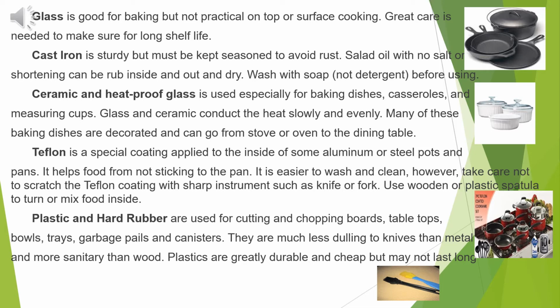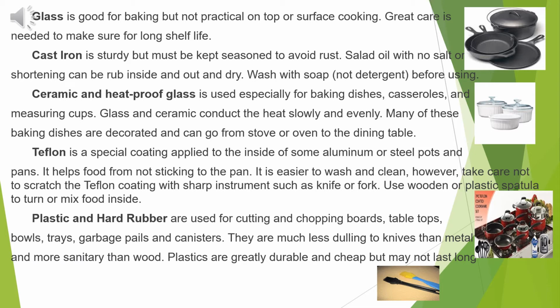And also we have ceramic and heat-proof glass. It is used especially for baking dishes, casseroles, and measuring cups. Glass and ceramic conduct the heat slowly and evenly. Many of these baking dishes are decorated and can go from stove or oven to the dining table. And also we have Teflon.